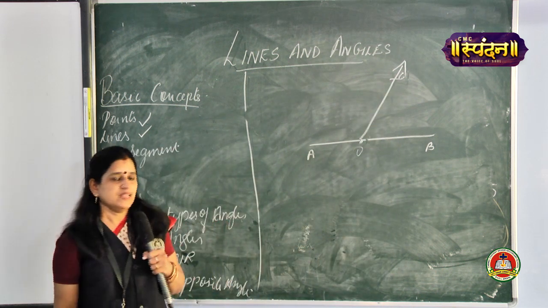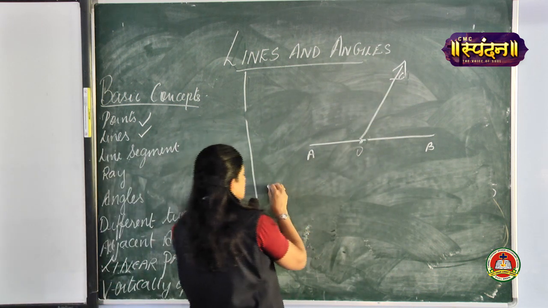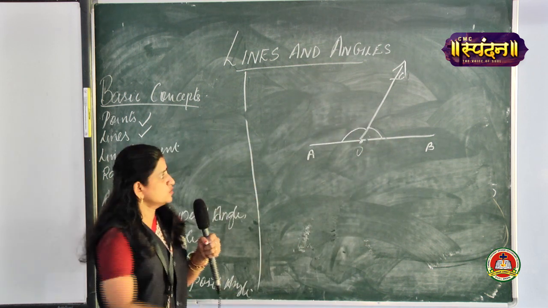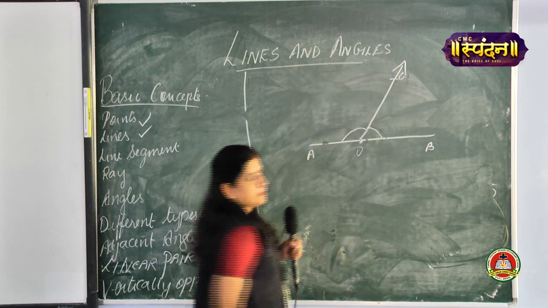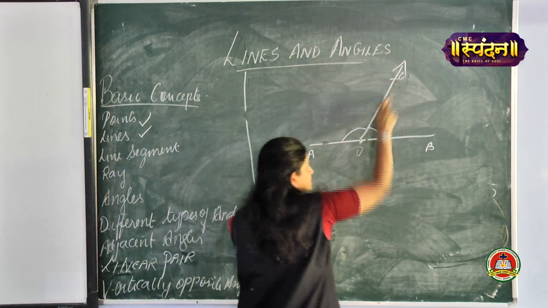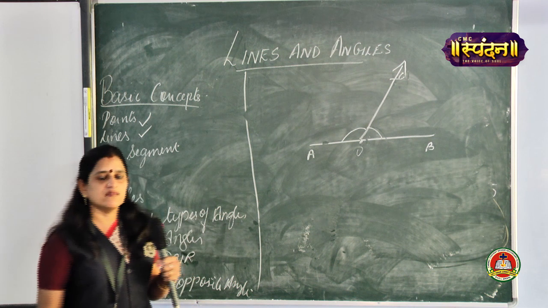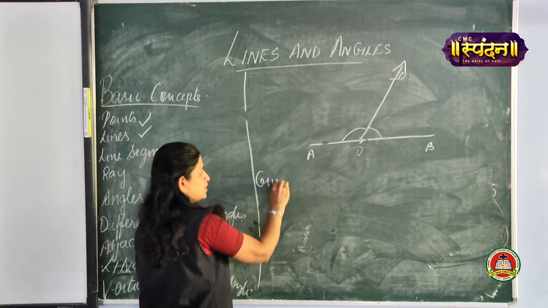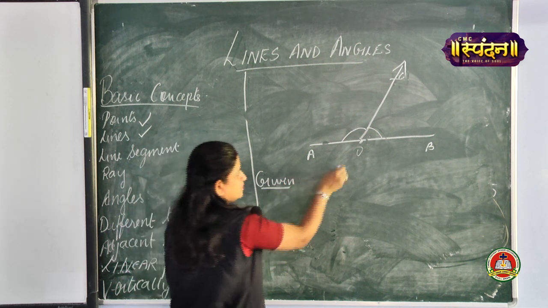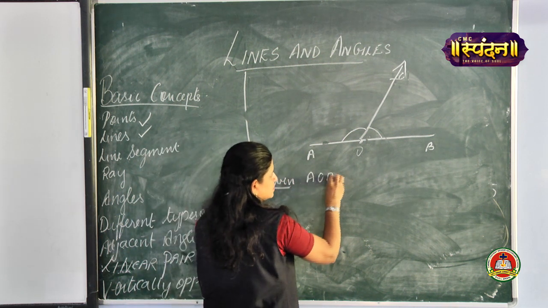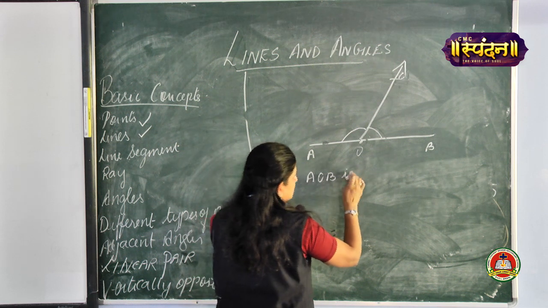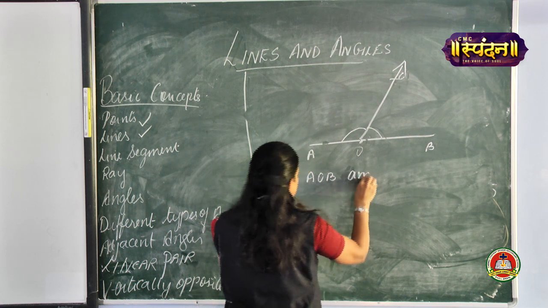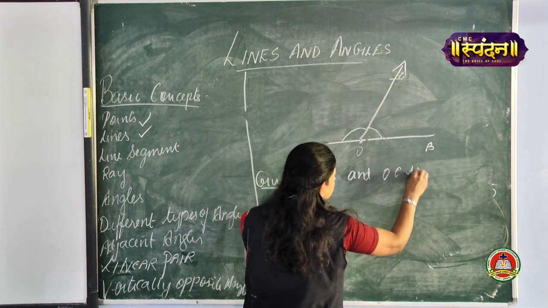I have to prove that angle AOC plus angle COB is equal to 180 degree. How to prove? First let me write what is given over here. What is given? AOB is a line, and OC is a ray.